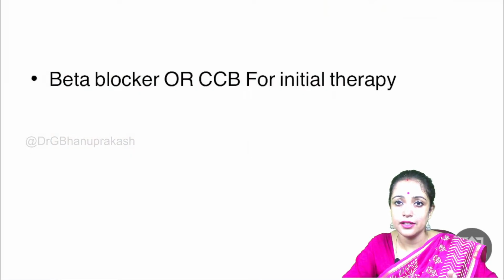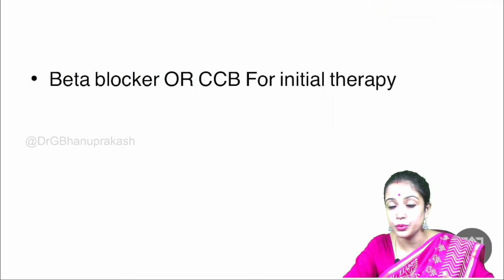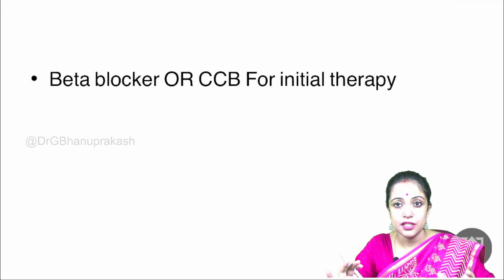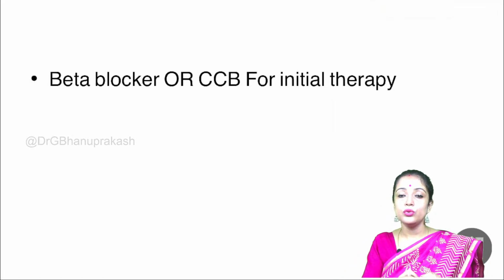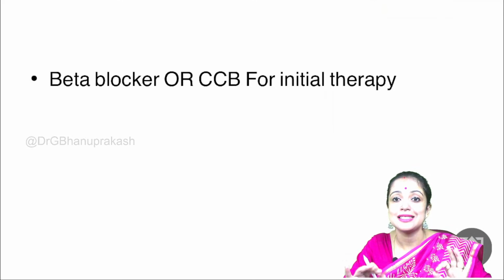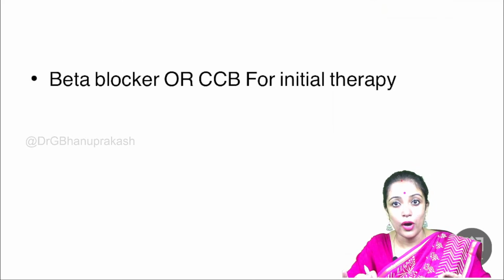Now, I have said the anti-anginal drugs like nitrates, calcium channel blocker, and beta blocker can be used. Among the calcium channel blockers and beta blockers, which one to choose? Because both of them have almost similar mechanism of action. Now, we need to use beta blocker as initial therapy for angina. Why so?